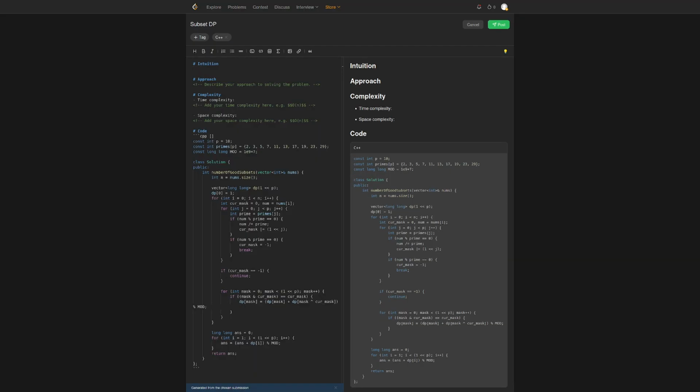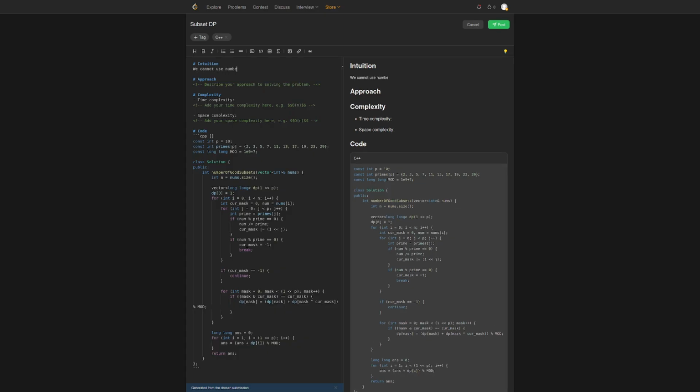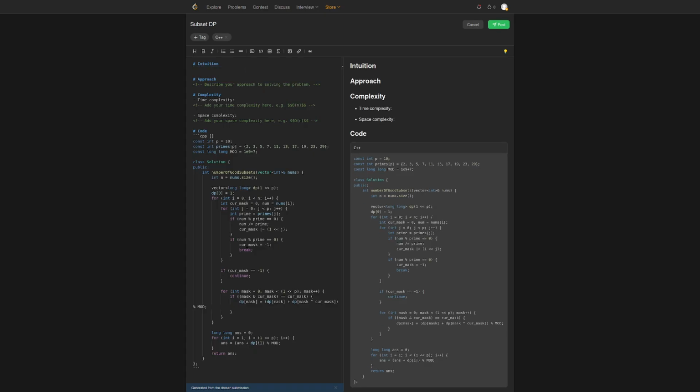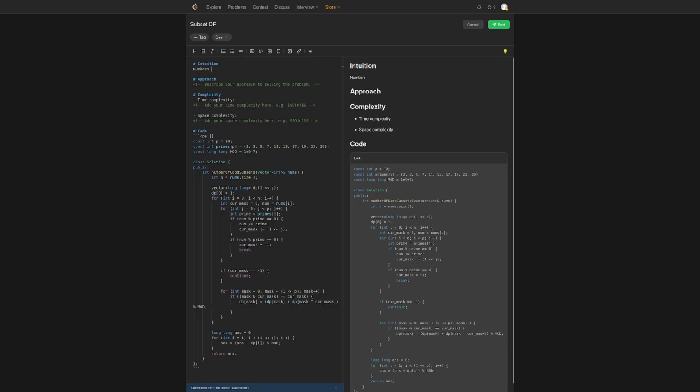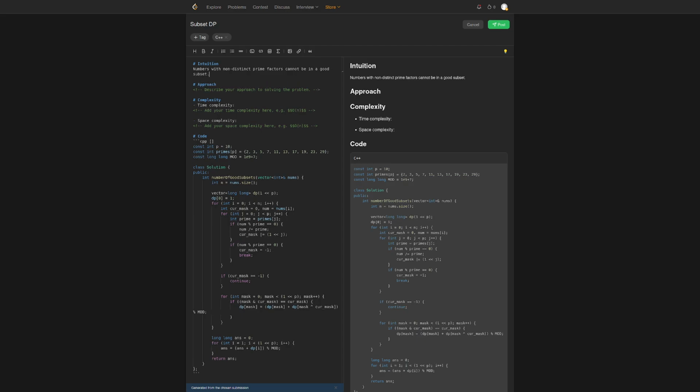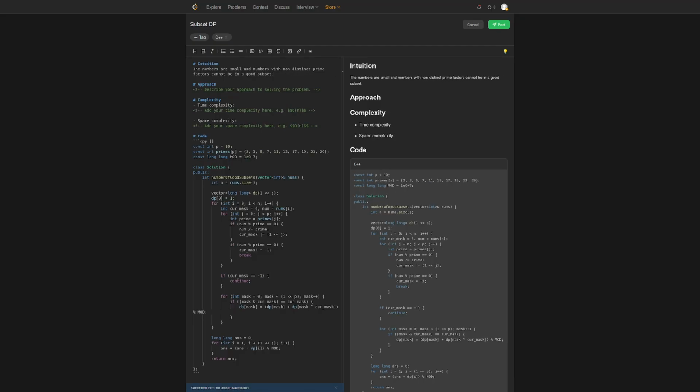Okay, so we cannot use numbers. Okay, so numbers with non-distinct prime factors cannot be in a good subset. So that was the first observation. So the numbers are small, and numbers with non-distinct prime factors cannot be taken.